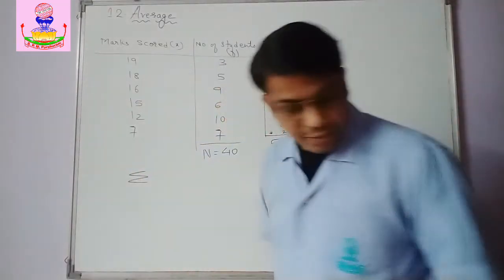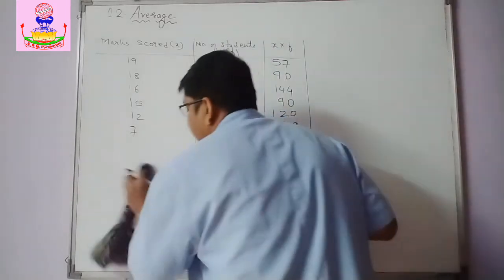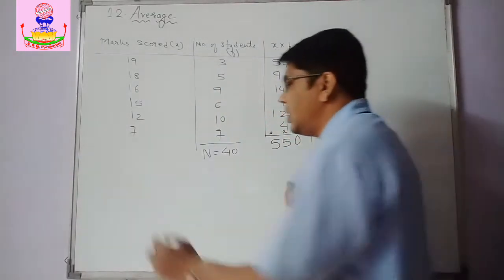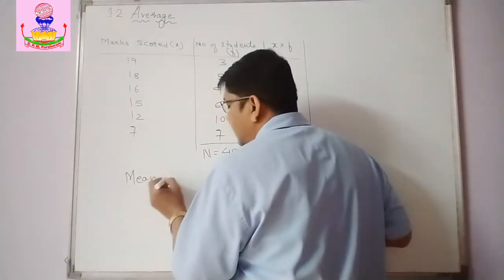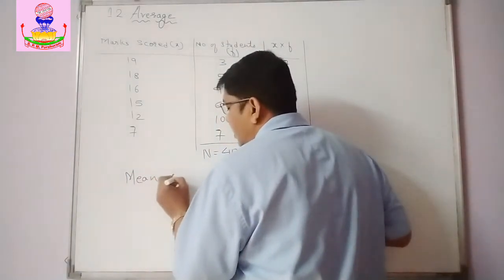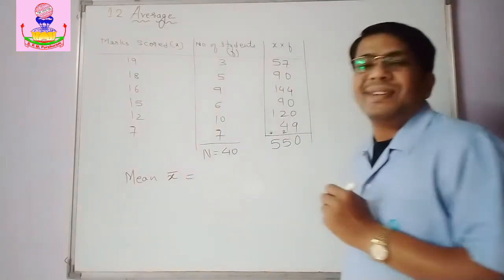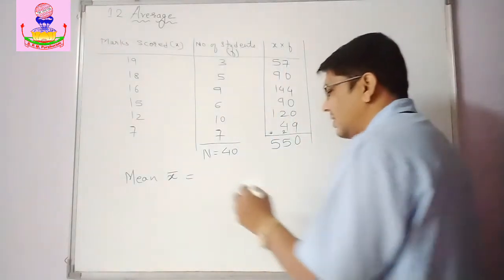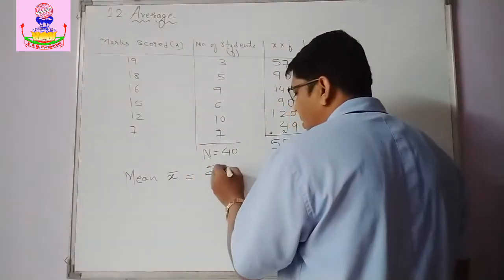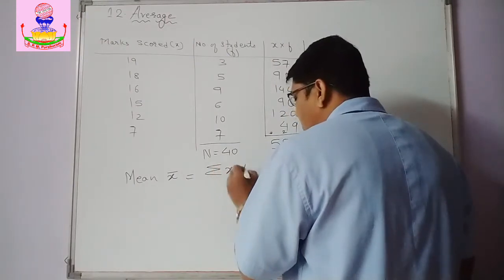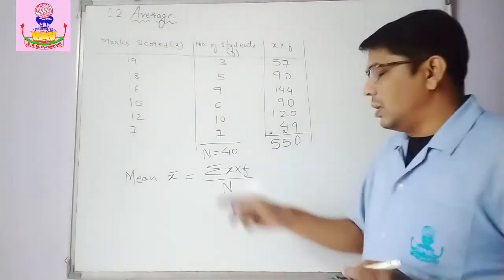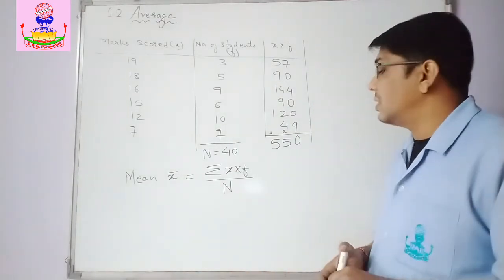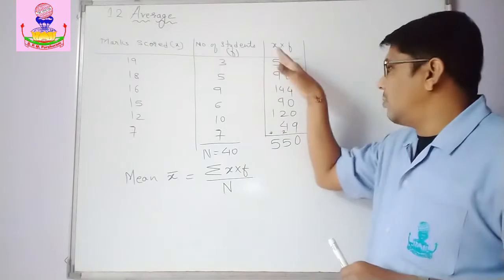Now the average, sorry, not this first. Average or mean. It is also called the mean, and we represent it by x bar. That is equal to summation x into f upon capital N. This symbol is called sigma, or the summation symbol, that is, the sum of all this.